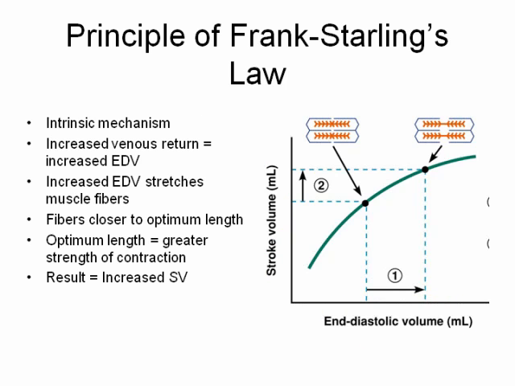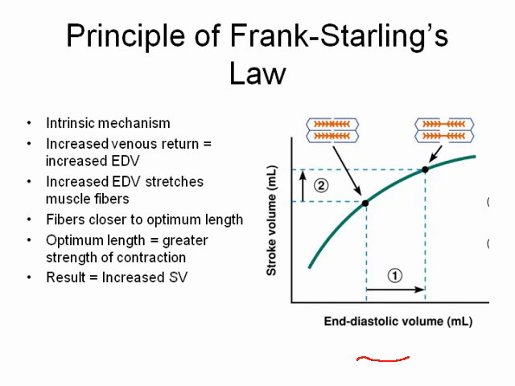But if you think about it, as end-diastolic volume goes up, length of individual muscle cells is being increased. And increasing stroke volume is the same as increasing tension. So it is a length-tension relationship as well.